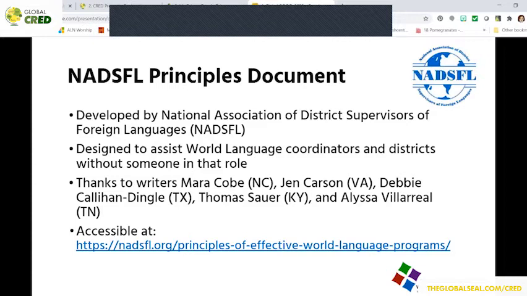So it's helpful to have a guide that might give somebody a roadmap of ideas and guidelines for what would make a highly effective, ideal world language program.